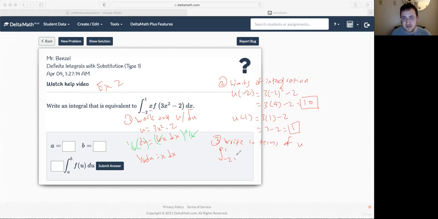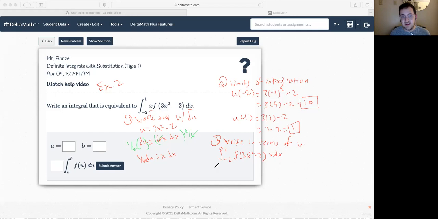So I'm going to write f of 3x squared minus 2 times x dx. The reason I like to do that is so you can see how that x dx becomes the 1/6 du.